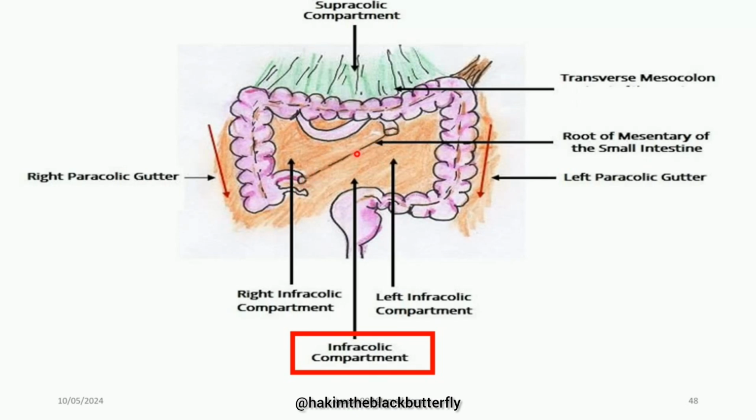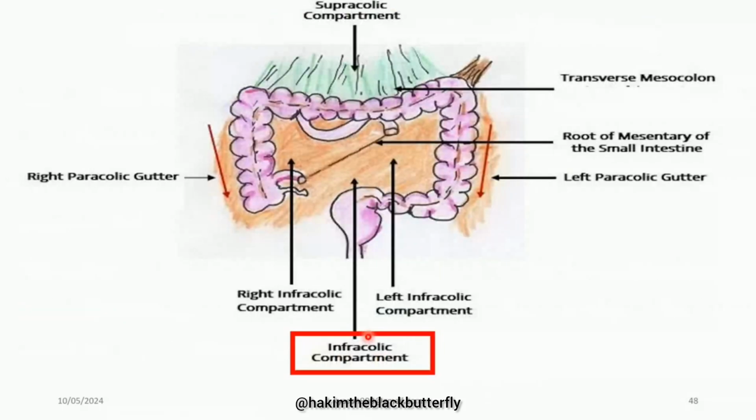The root of the mesentery of the small intestine helps us separate this into the right and the left. So broadly, the infracolic compartment has the right paracolic gutter, the left paracolic gutter, the right infracolic compartment, and the left infracolic compartment. So that is the infracolic compartment.